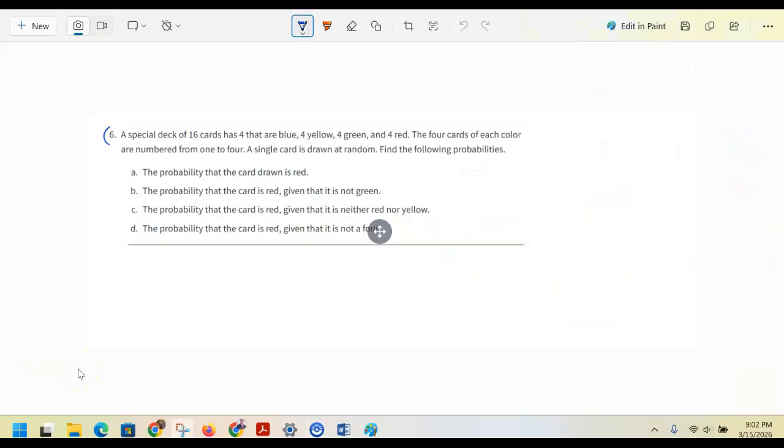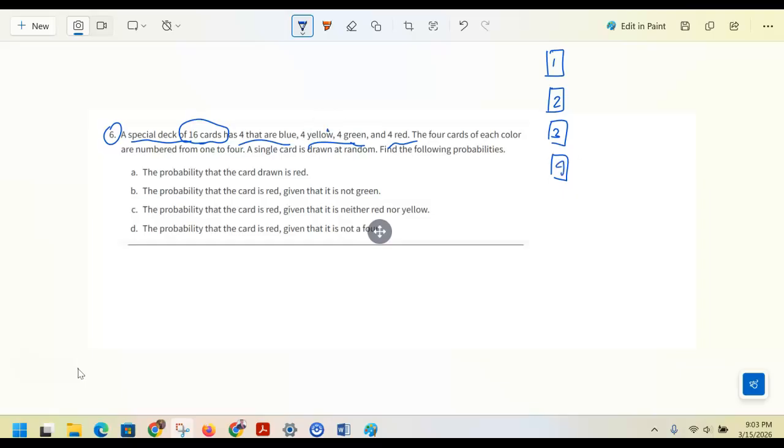So this is question number 6. A deck of 16 cards. There are only 16 cards: 4 blue, 4 yellow, 4 green, and 4 red. I'll try to draw quickly. For blue, there are 4 cards, which are 1, 2, 3, and 4.